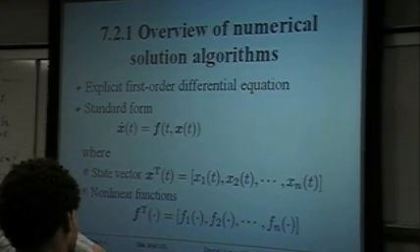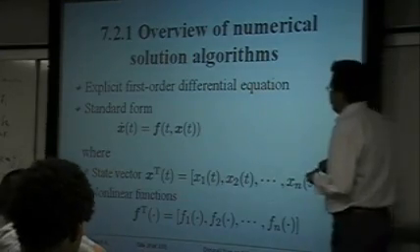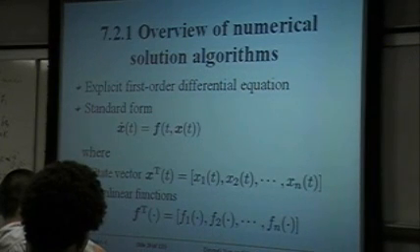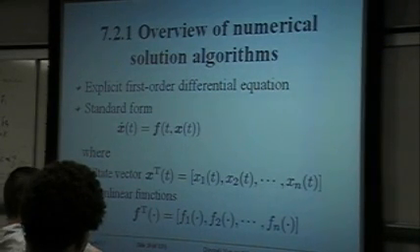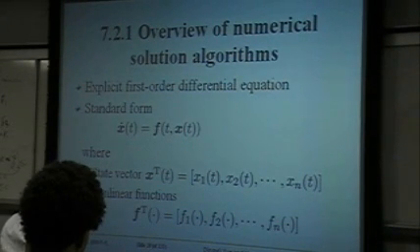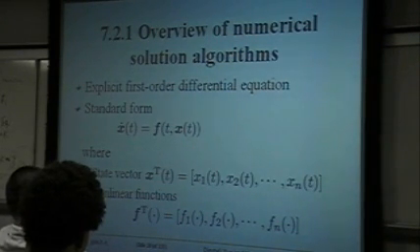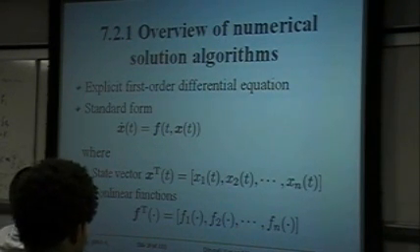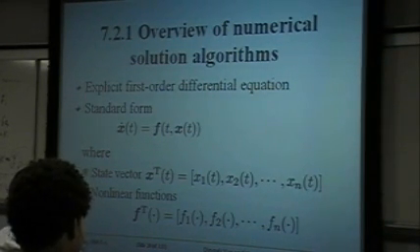If we add x0 to this equation, and if we select t equals 0, we have x0. What about if t equals h, where h is very small? What is the value of x at h?